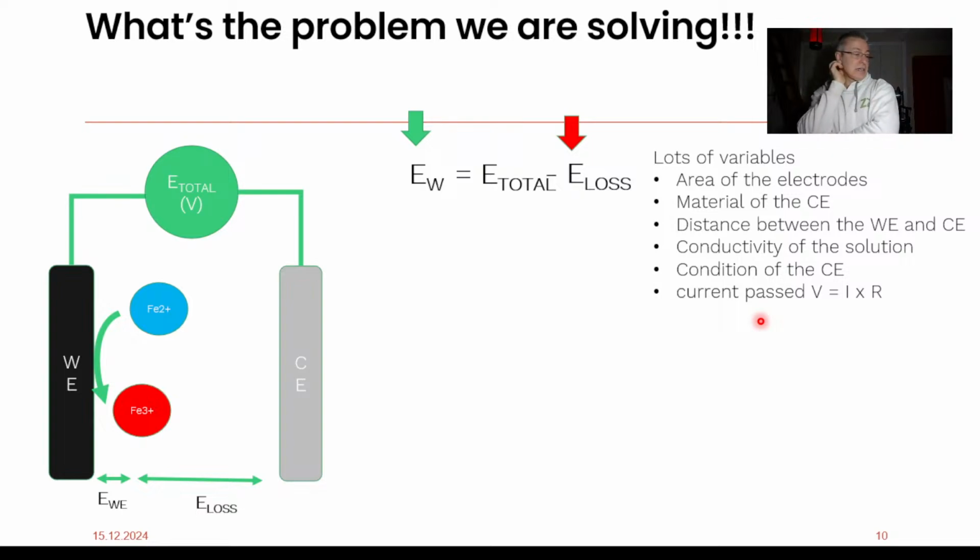Even if you had a resistor of a kiloohm, the potential dropped would be 10 to the minus 6 times 10 to the 3, which is 10 to the minus 3. That's 1 millivolt.